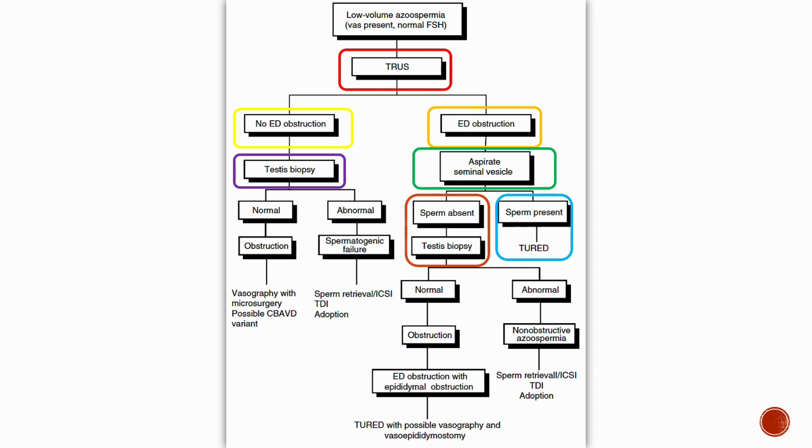But if the testis is also not showing any sperms, most likely it is a spermatogenic failure, and sperm retrieval options can be given to the patients along with ICSI. So these were the important management algorithms in a patient with azoospermia. Thank you.